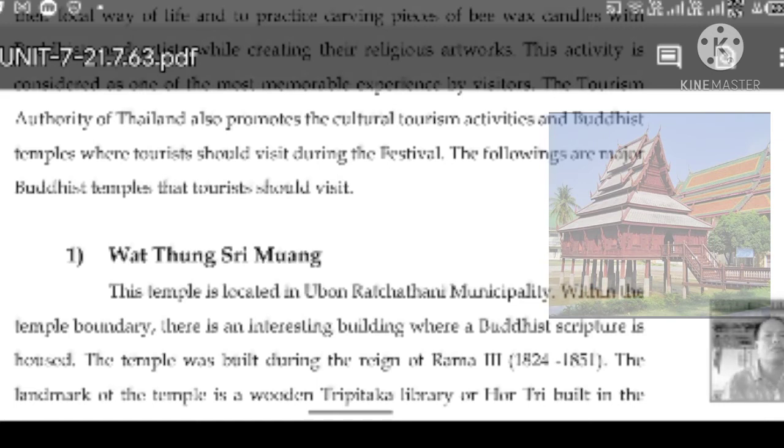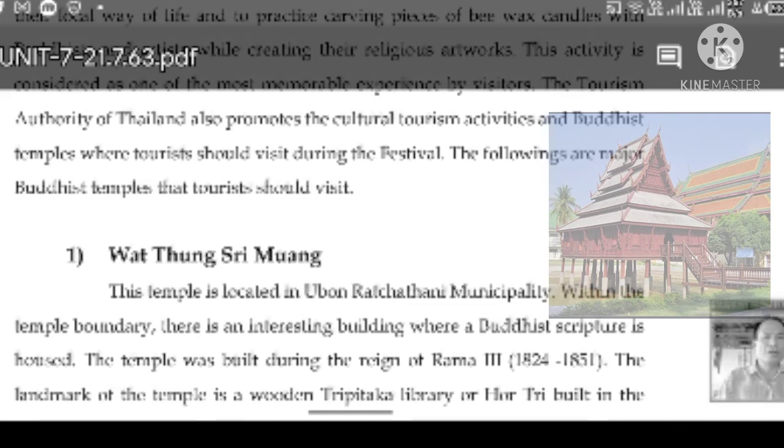Sala means scripture hall, in this sense. Scripture means Buddhist scripture, like the Buddhist Bible, which in Thai we call Trai Pidok or Tripitaka.